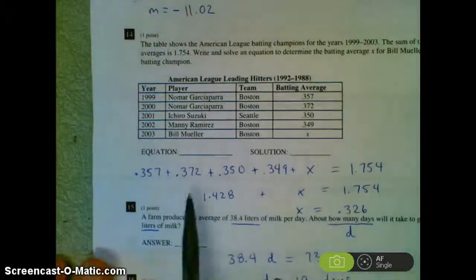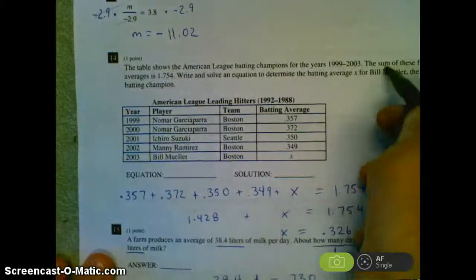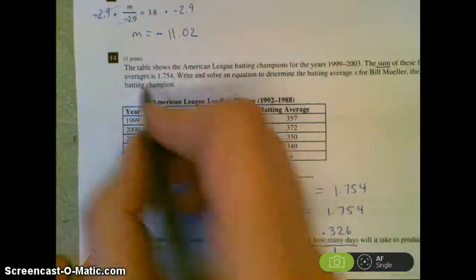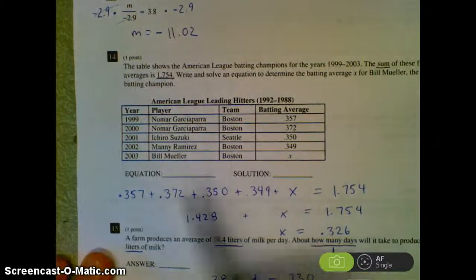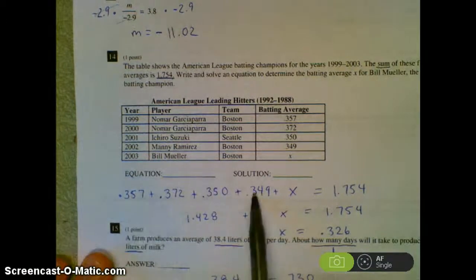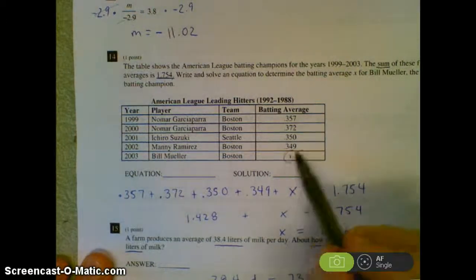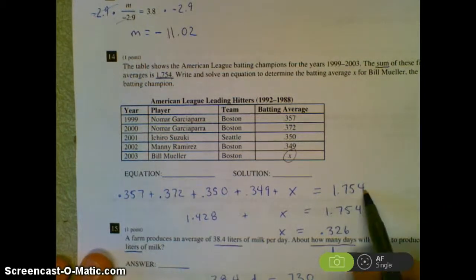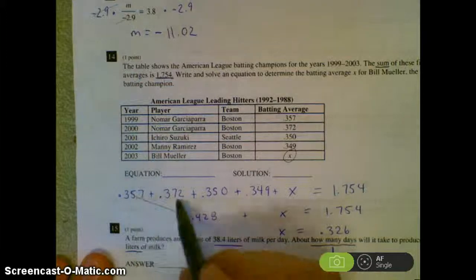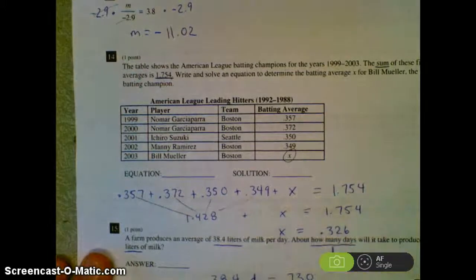Number 14, I'm given that the sum of these 5 batting averages is 1.754. So if I add them all together, along with this one I don't know, I know that all of them added together equals 1.754, and then I can just solve for x.